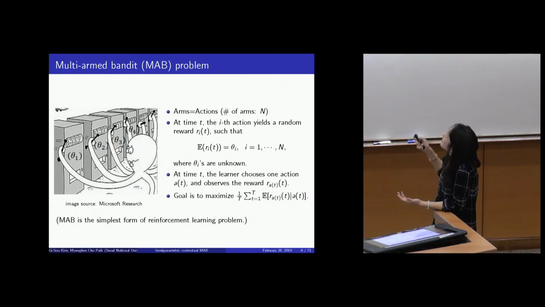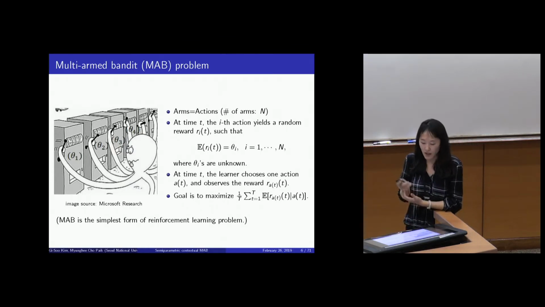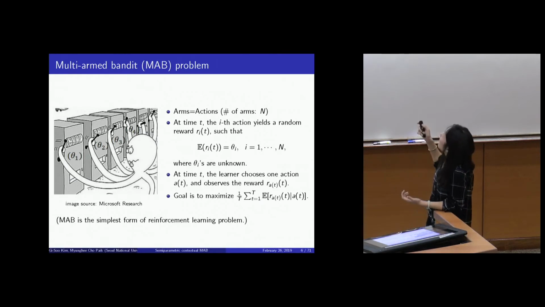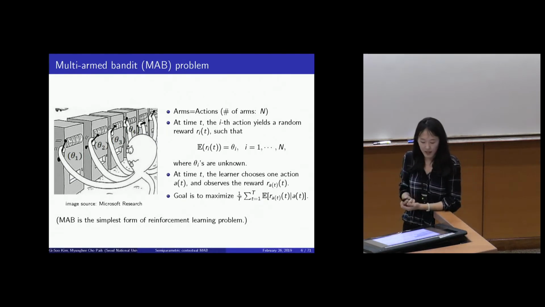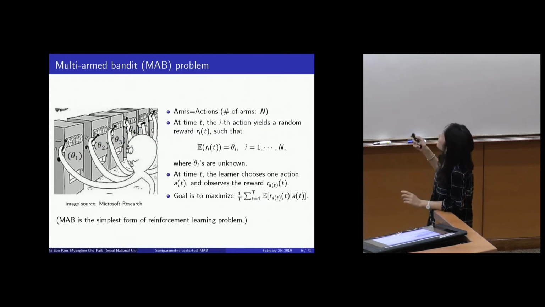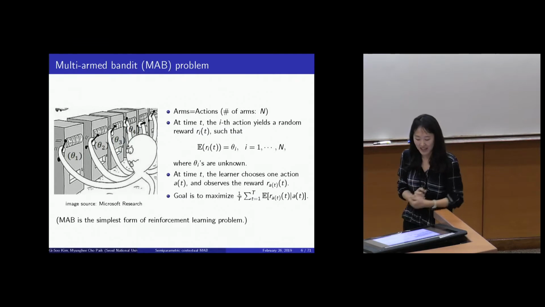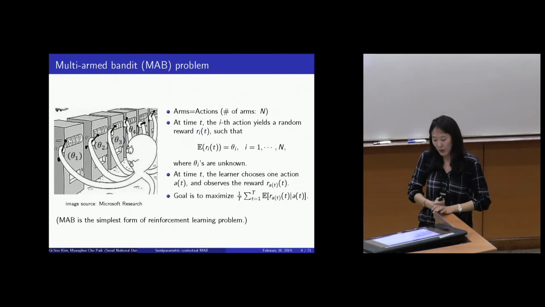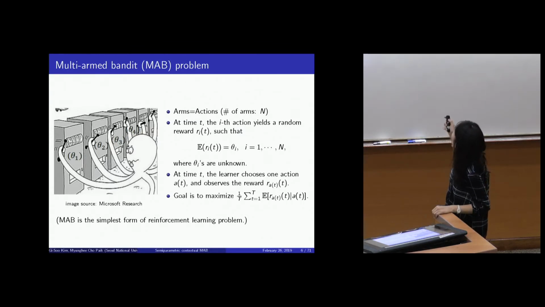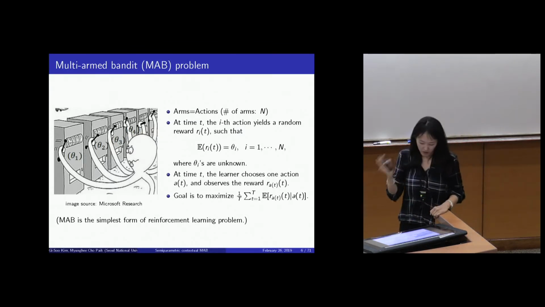And the classic bandit problem assumes that the expectation of the reward is fixed as theta_i. Then at time t, the learner chooses one action, denoted by a_t, and observes the reward R_{a_t,t}. And under this setting, the goal of the learner is to maximize the average of observed rewards among a total of T steps.